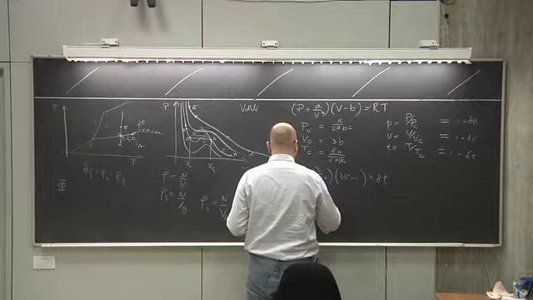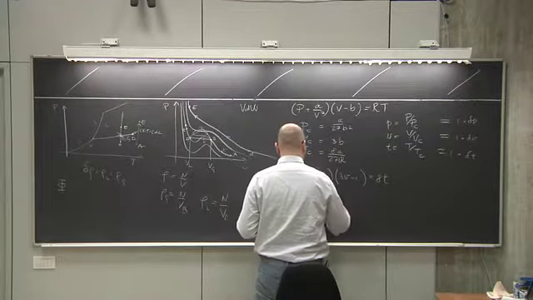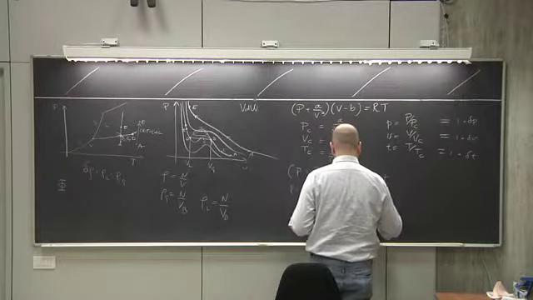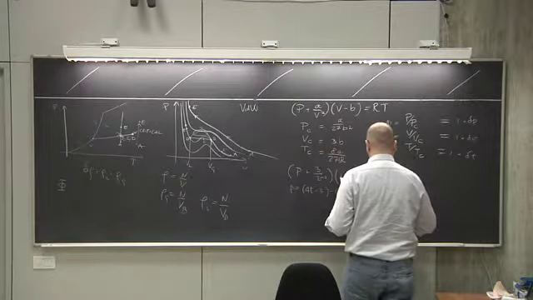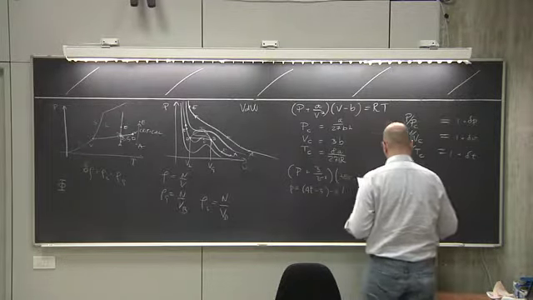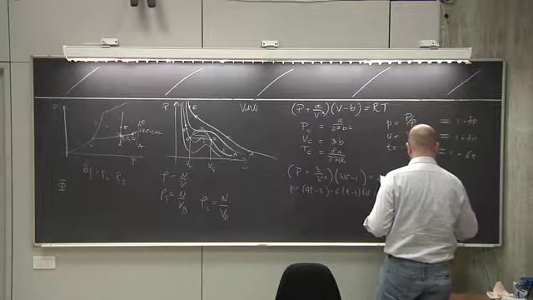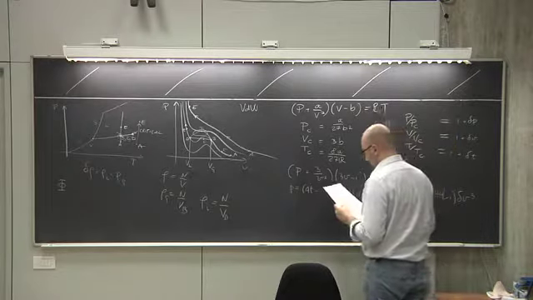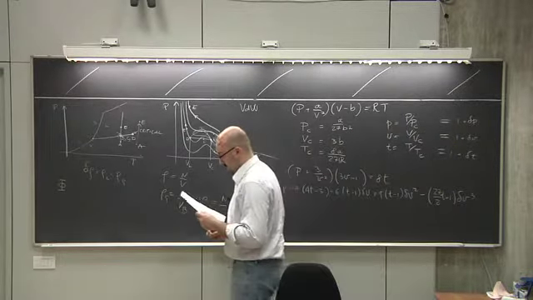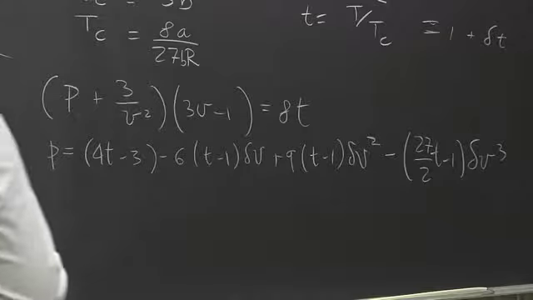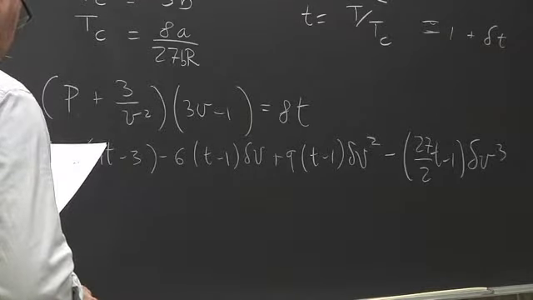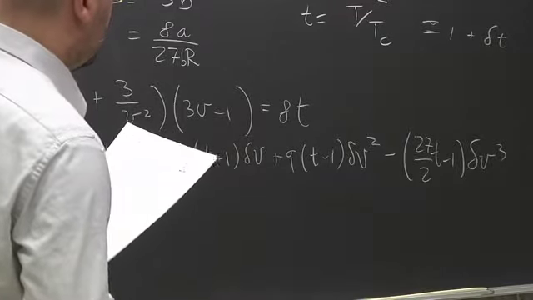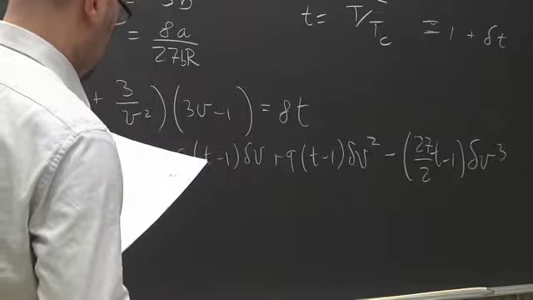So P becomes 4t minus 3 minus 6 times (t minus 1) dv plus 9 (t minus 1) dv squared minus 27 half (t minus 1) dv cubed. 27 half t, I think that's really not correct.